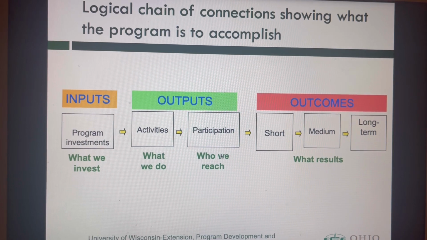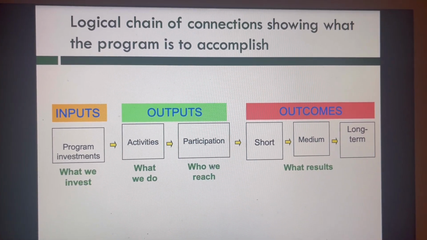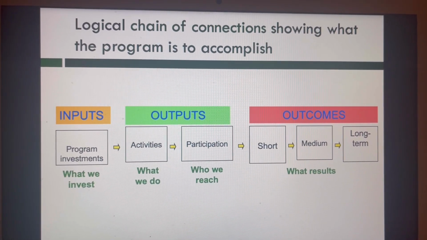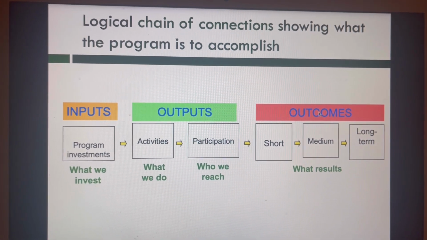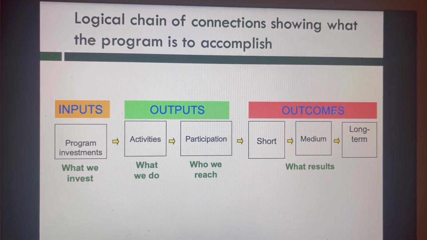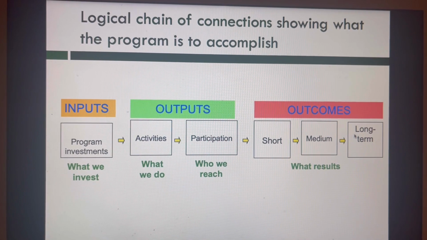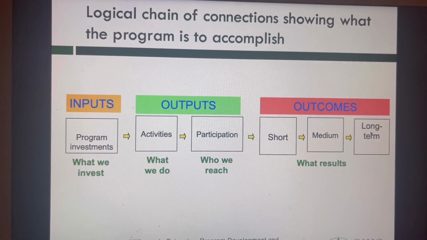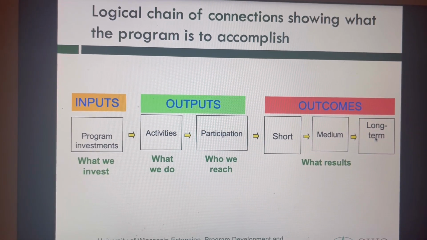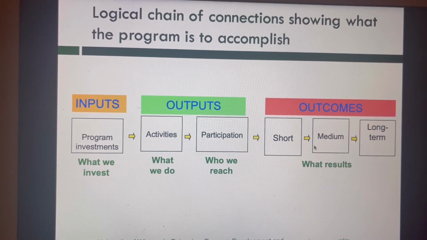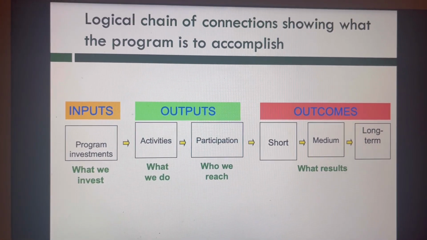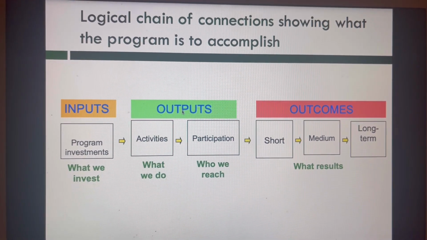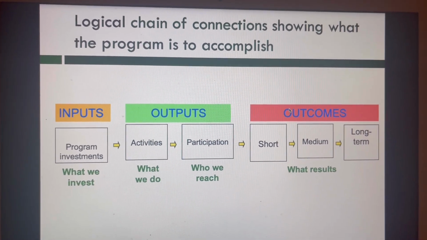Who we reach, who is our target population, who are we serving? And the third column, which is the outcome, has three columns, which are the short-term, medium, and long-term outcomes. On my next slide, I'm going to be breaking down in specific how the input, output, and outcomes are being described with examples.